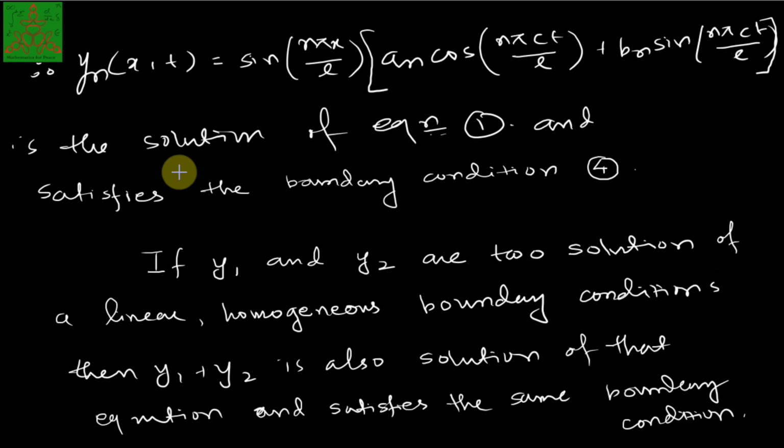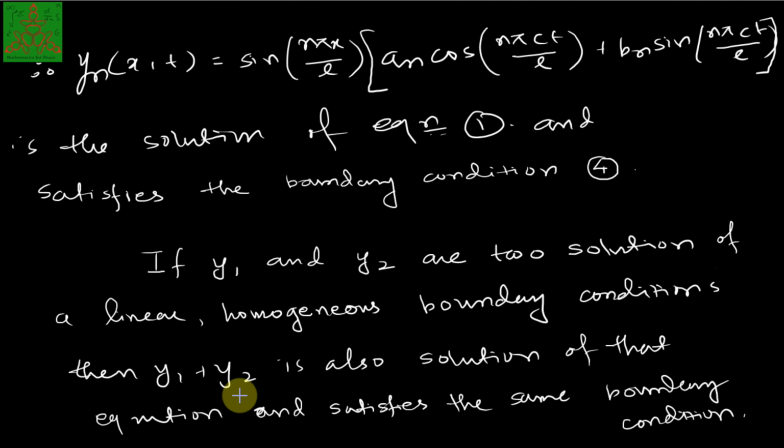And as we discussed at the start of the video, if y1 and y2 are two solutions of a linear homogeneous equation with homogeneous boundary conditions, then y1 plus y2 is also a solution of the same equation with the same boundary conditions.